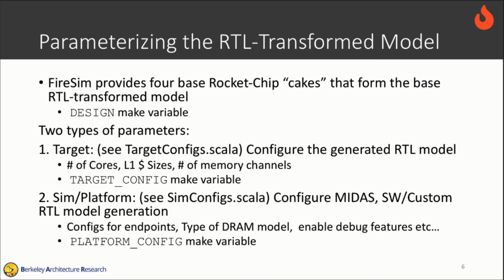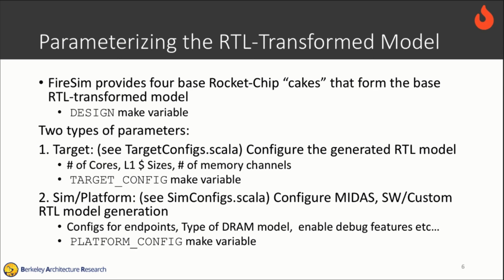These are all make variables that refer to specific Scala classes, which encode a config, or encode a Rocketship cake in the case of the design. So target config specifies your classical Rocketship parameterization, right? Like the size of your L1 caches, how many memory channels you have, how many cores you have, etc.